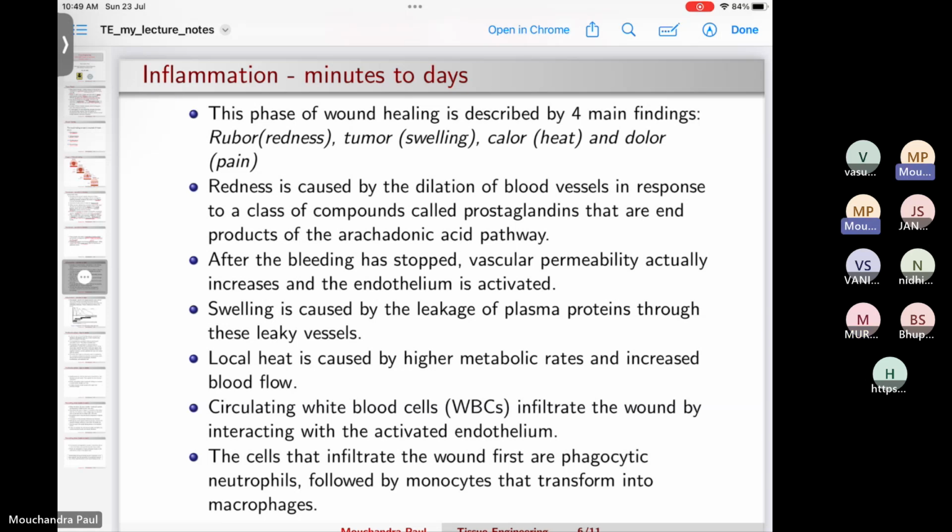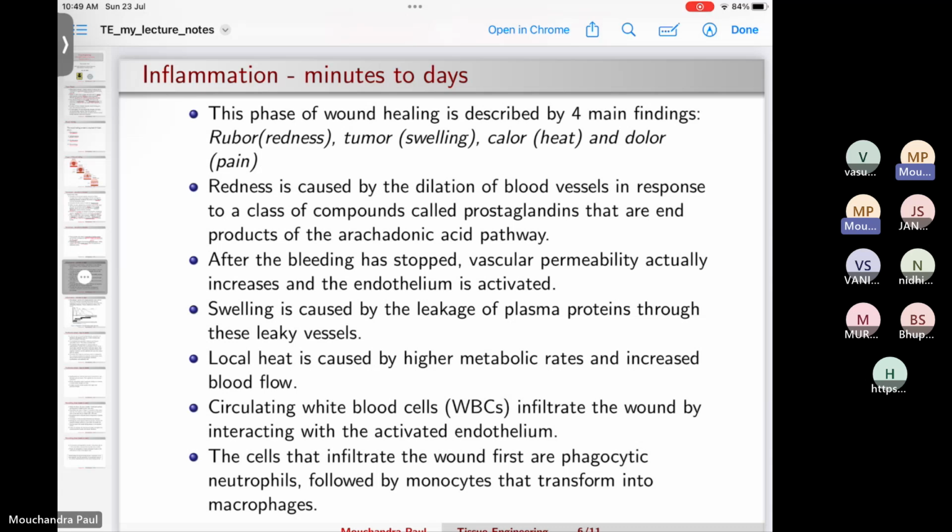So next, after the clot has formed, the body needs to recruit the inflammatory cells to cleanse that area of any foreign materials that might have entered from outside. For that, inflammatory cells play a very important role.